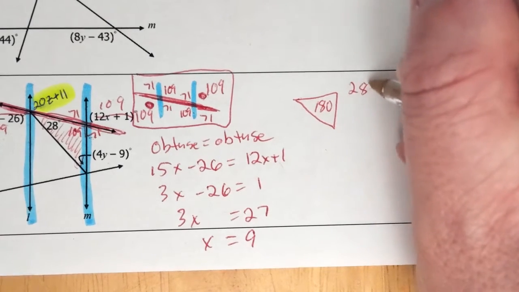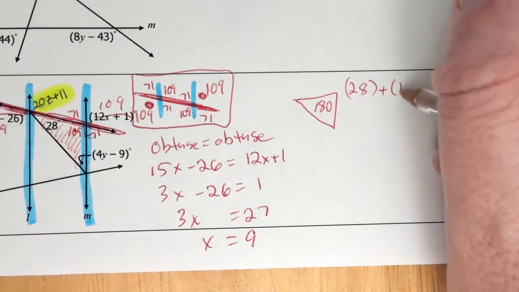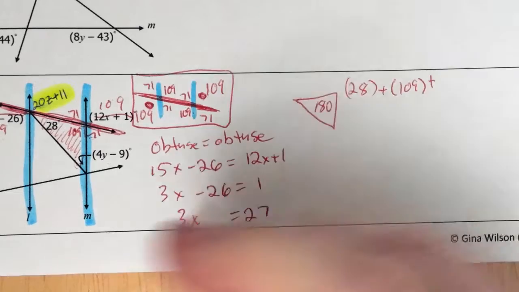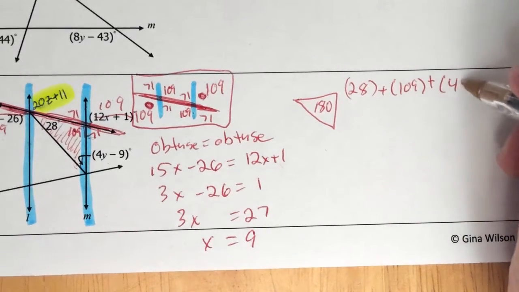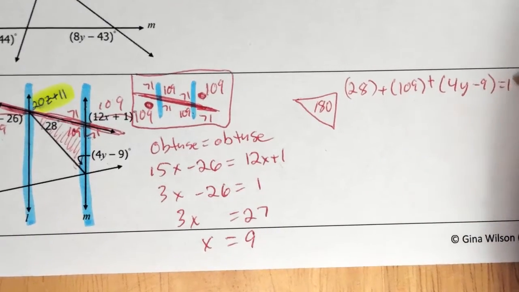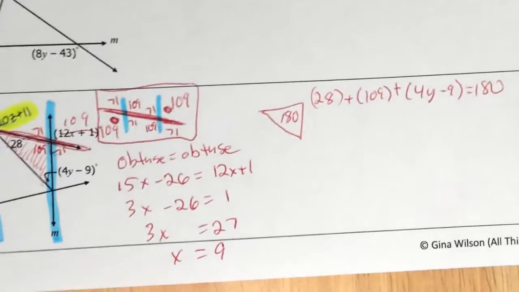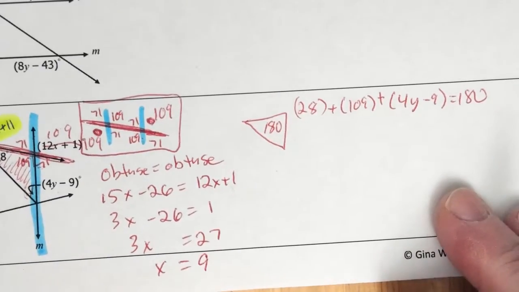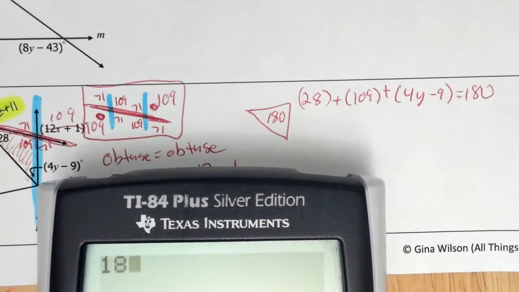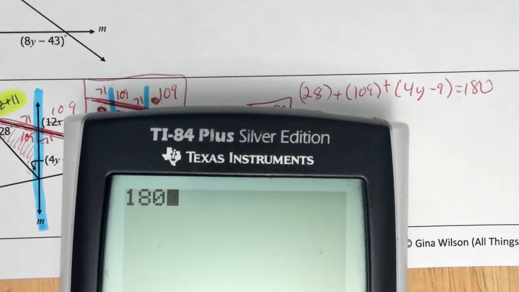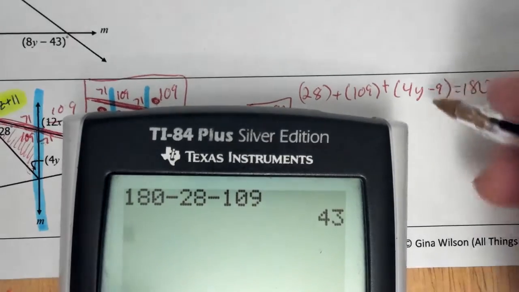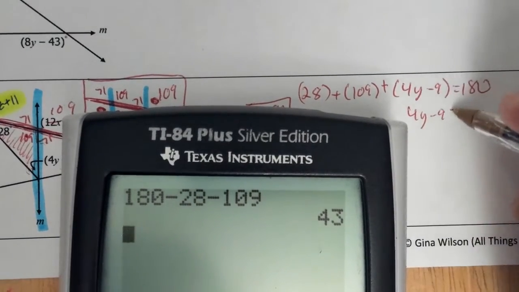So 28 in this case, 109, and the third one is 4y minus 9, equals 180. If we took out that 28 and that 109, then 4y minus 9 would be 43.